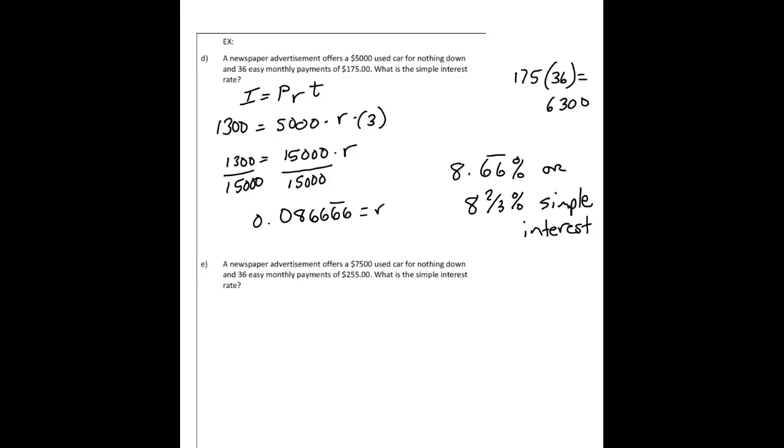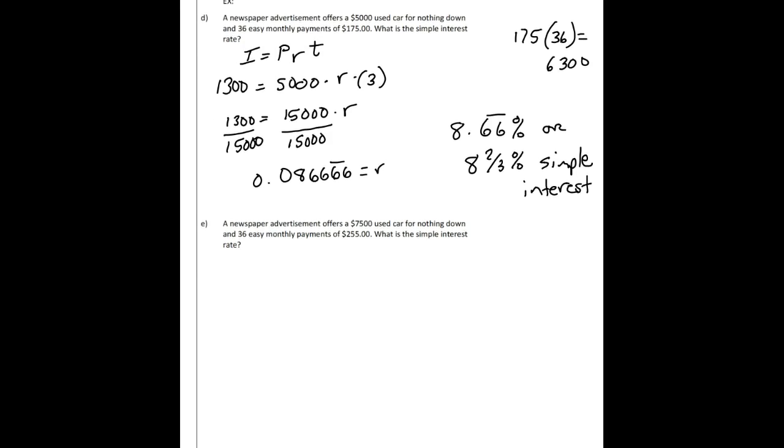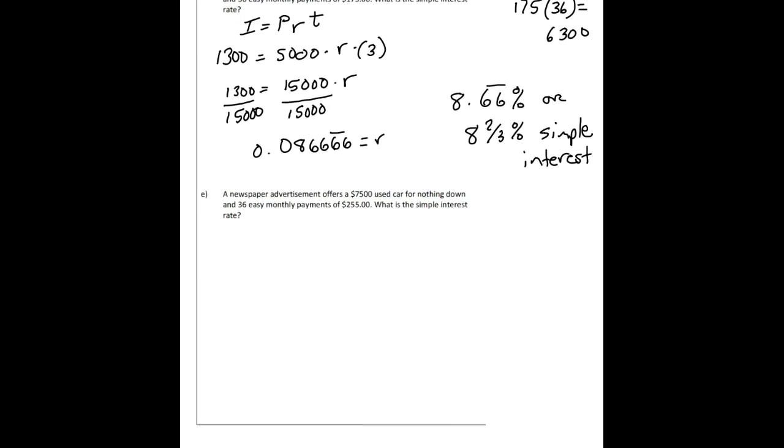So this one was a little bit tricky because we had to work backwards, but it's definitely doable for you, okay? Let's try one more that's similar to that. A newspaper advertisement offers a $7,500 used car for nothing down and 36 easy monthly payments of $255. What is the simple interest rate?